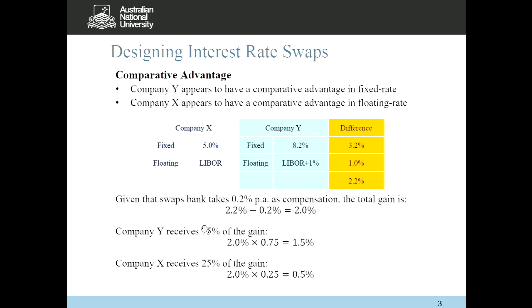Now, because company Y is going to receive 75% of the gain, how much better off should company Y be? 2% multiplied by 75% of the gain, so that represents 1.5% of the gain goes to company Y, and the remaining 50 basis points goes to company X. Right? So when we design the swap, we have to bear that in mind.